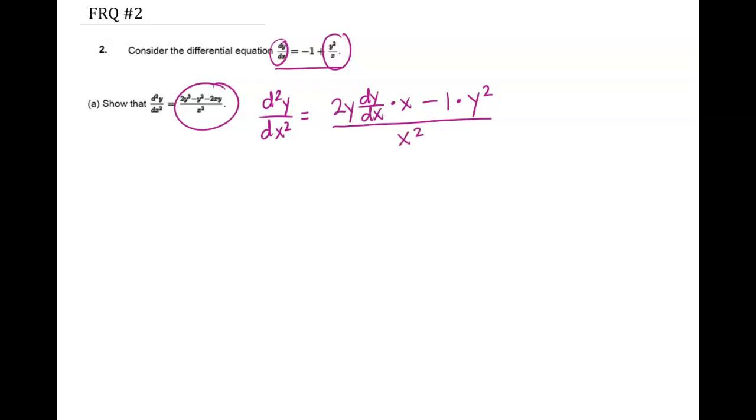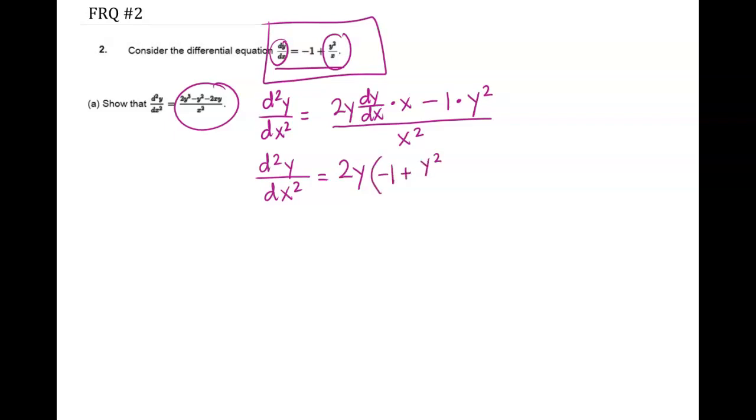So d squared y over dx squared equals 2y, well, dy/dx we have, that big thing, so times -1 plus y squared over x, minus 1 times y squared, which is just y squared, all over x squared.